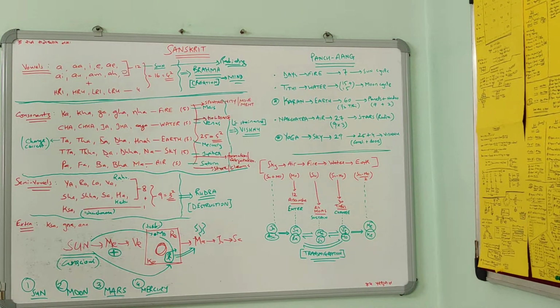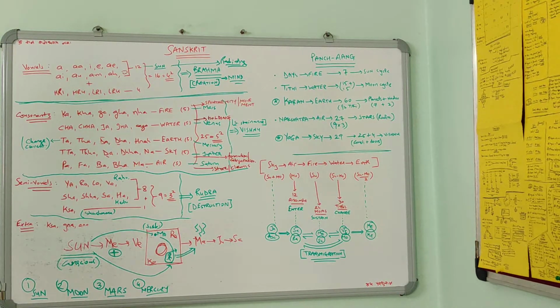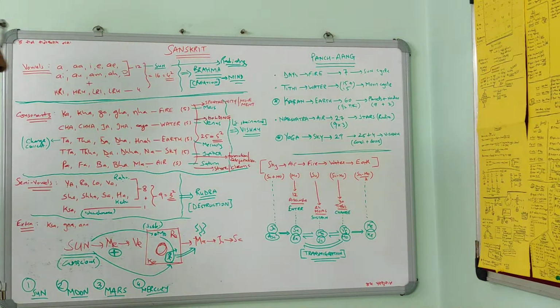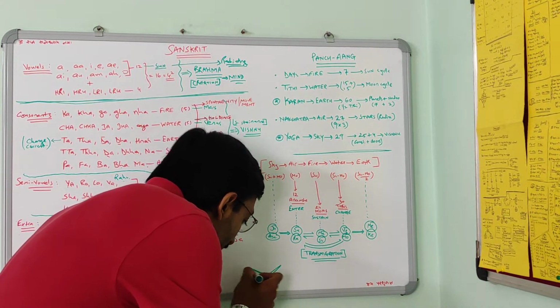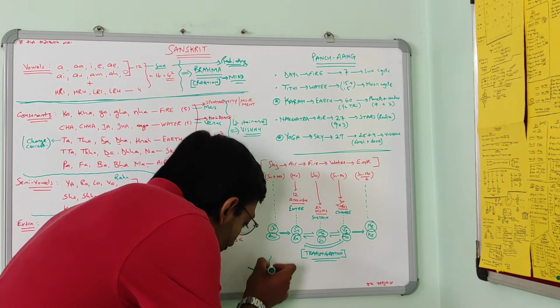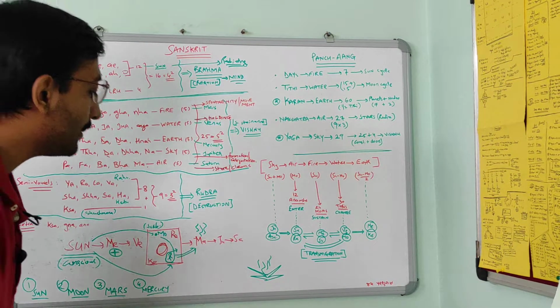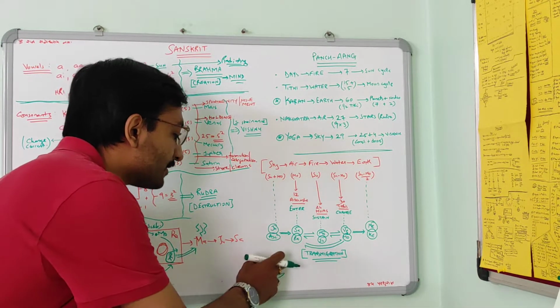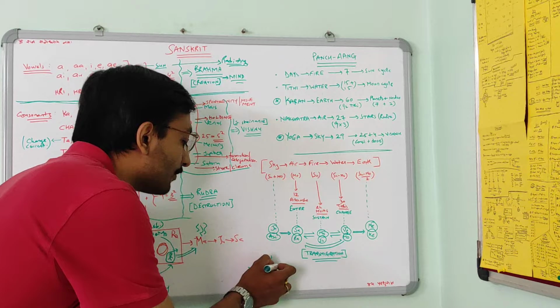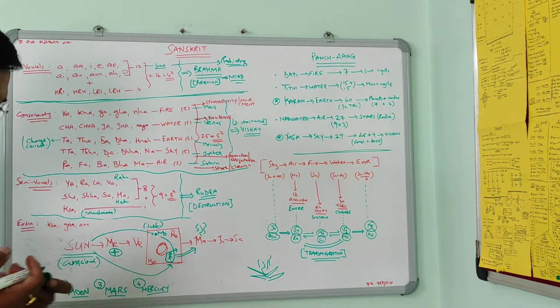Now what do you need? Suppose over here there is wood and there is fire, and as soon as one wood is going off, we are adding one more wood. Don't you think this is a very tedious process?